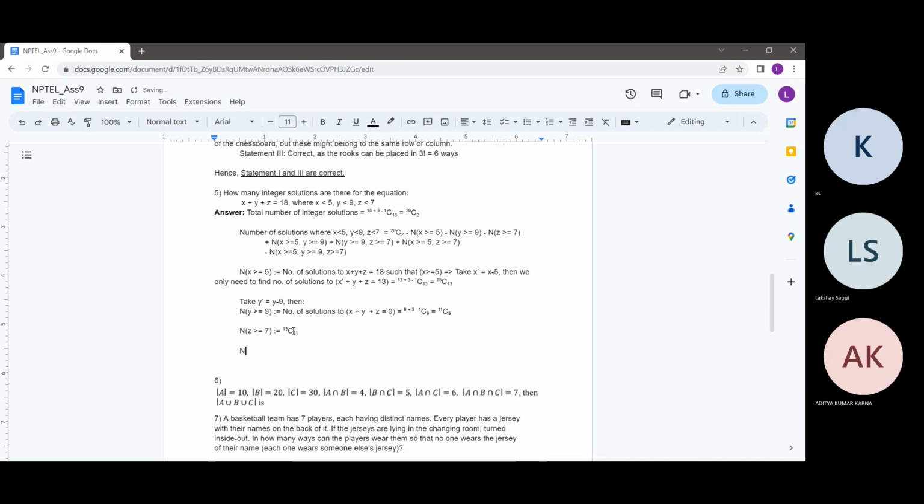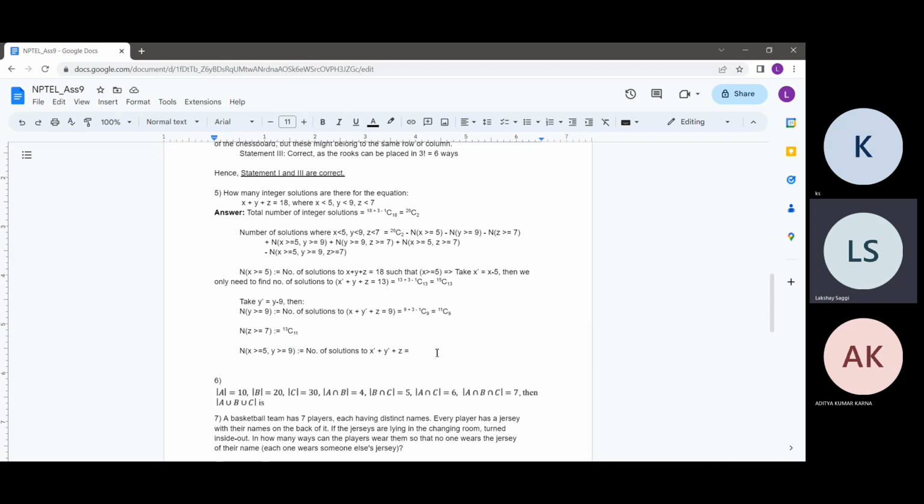So now we want this number n of x greater than or equal to 5 and y greater than or equal to 9. So here now, instead, what I want is the number of solutions to, like, I would take x minus 5 as x prime, y minus 9 as y prime. So I just want this time x prime plus y prime plus z is equal to, so I have subtracted 5 from here, 9 from here, so total I have subtracted 14.